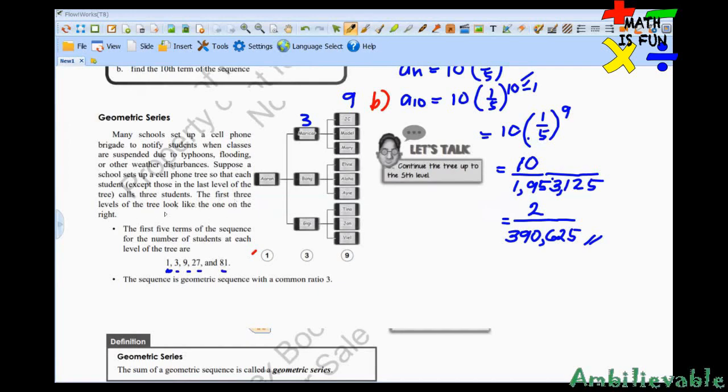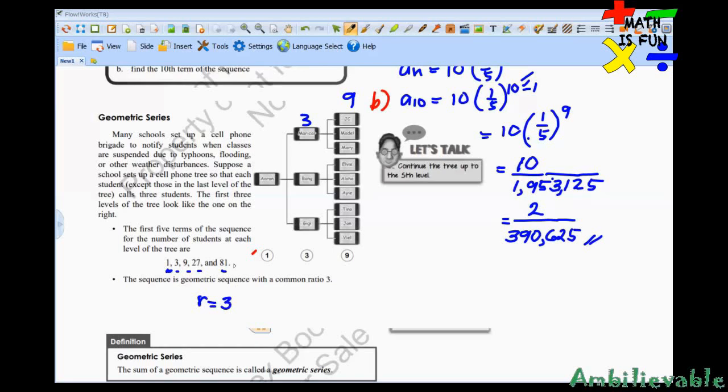So the sequence is a geometric sequence with a common ratio, right? Because 3 divided by 1 is 3. 9 divided by 3 is 3. 27 divided by 9 is 3. 81 divided by 27 is also 3. So that's why the r is 3.